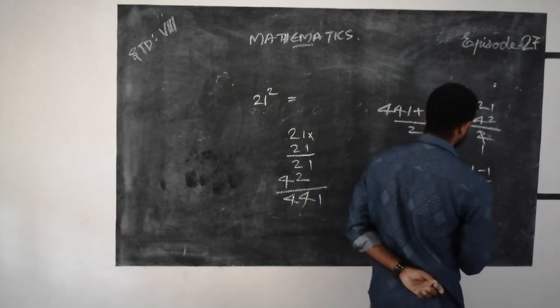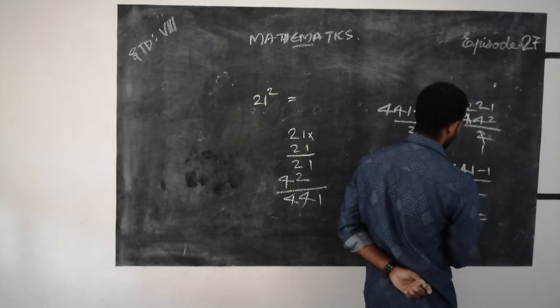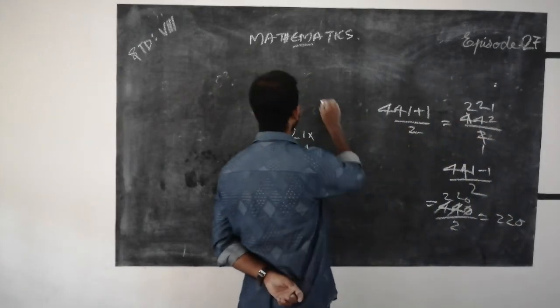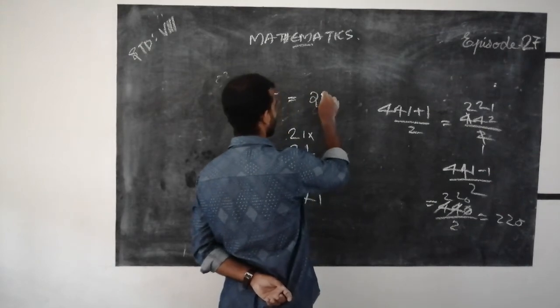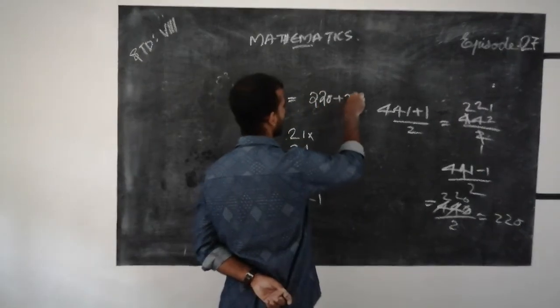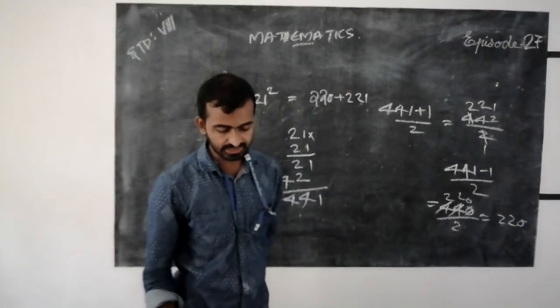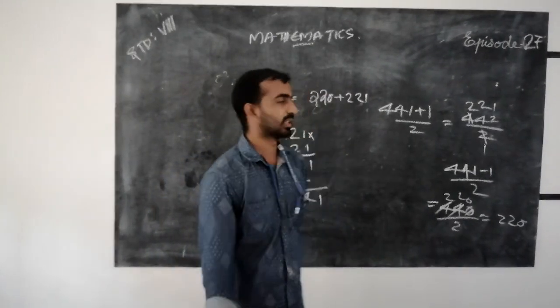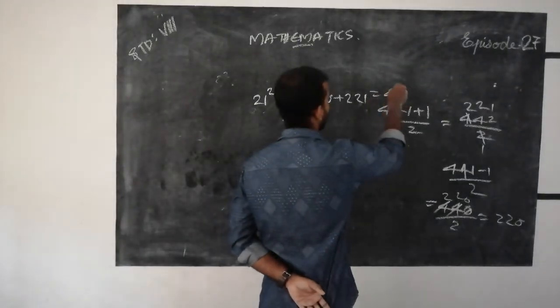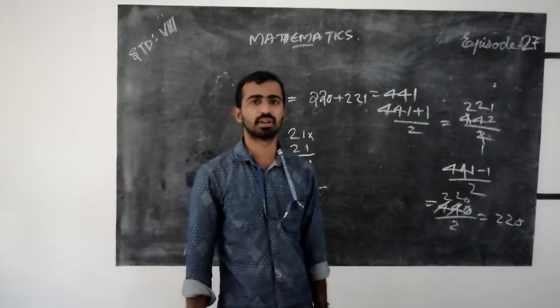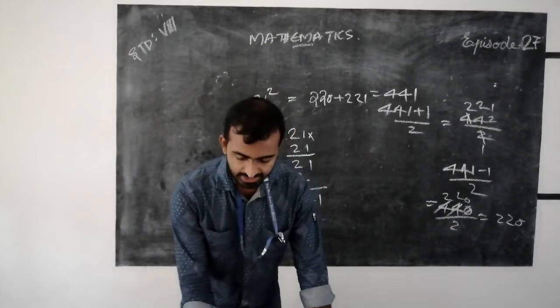We get 220. That is 220 plus 221. We get the answer. Is it? Yes. That is 441.